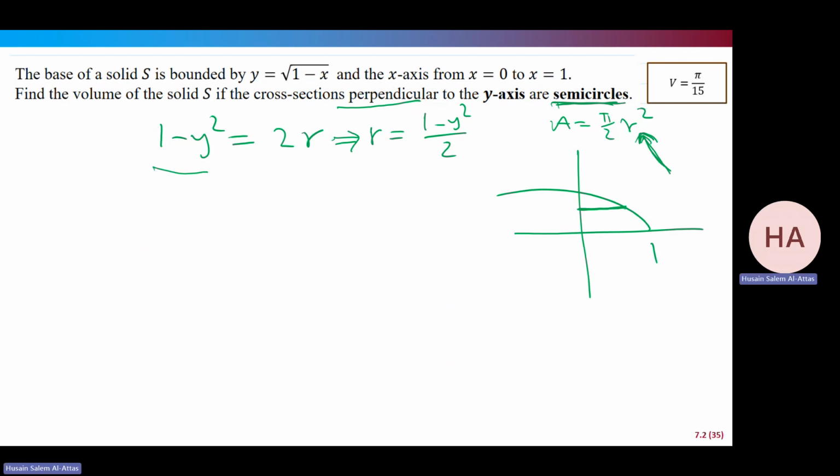This is always the case for my circles. This line will be 2r, so r will be 1 minus y squared over 2.